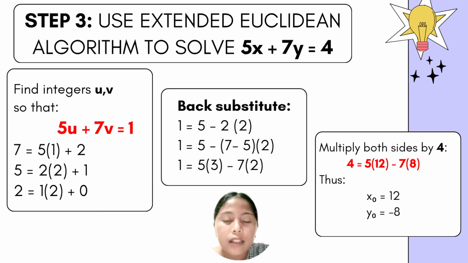So that means that our x sub 0 is equal to 12 and our y sub 0 is equal to negative 8. Why did it become negative 8? It is because the operation we use is subtraction, so we need to have the negative 8.